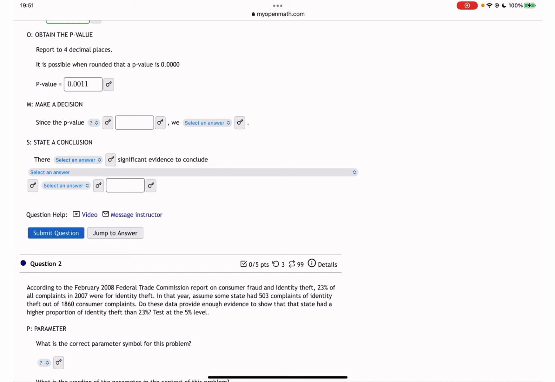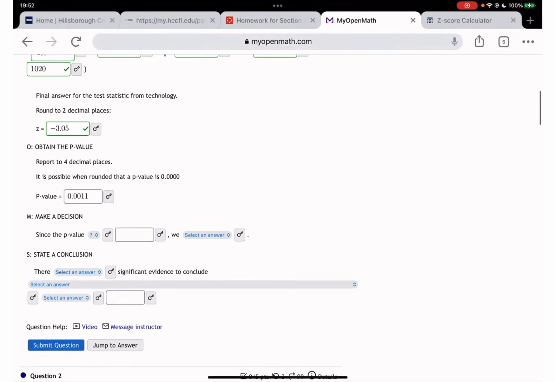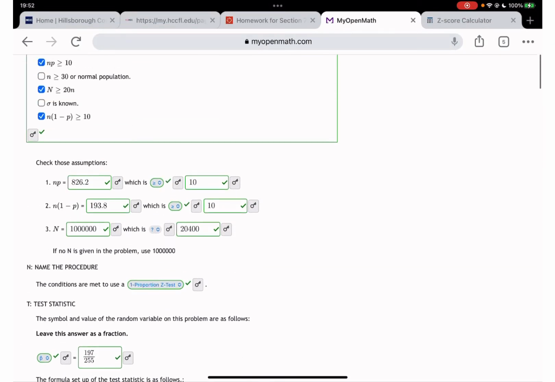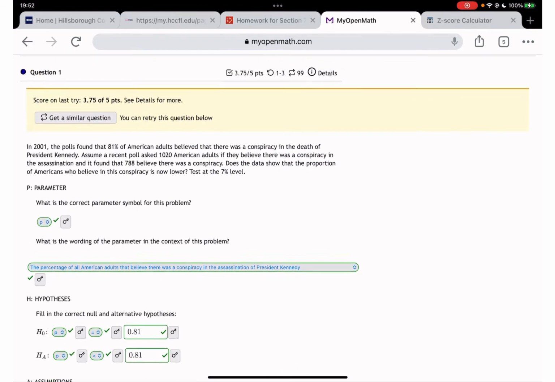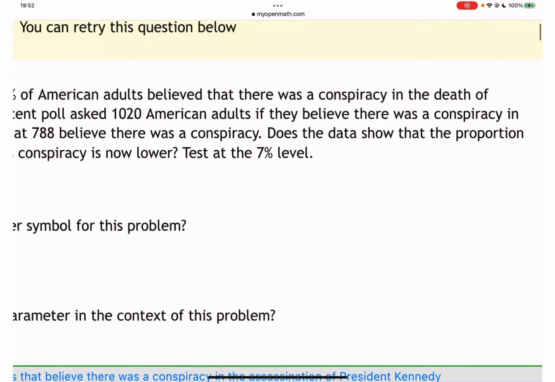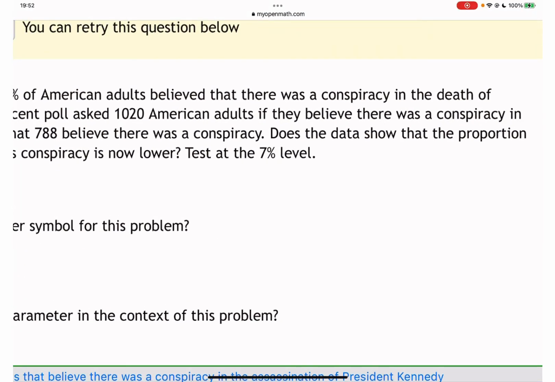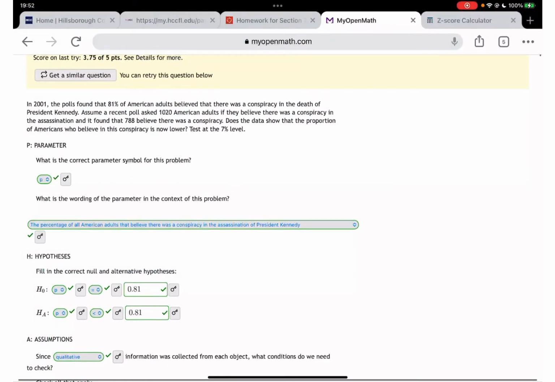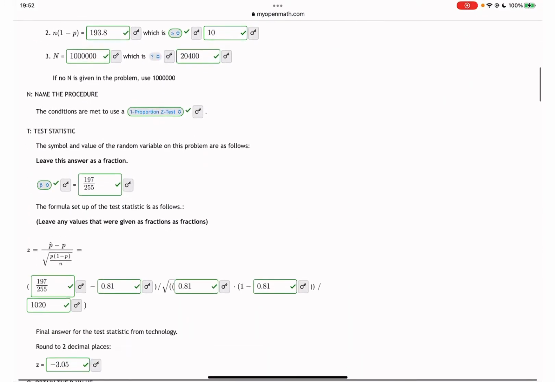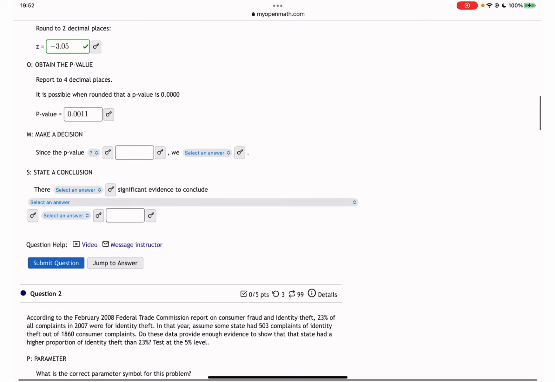So since the p-value is less than... we have 0.0011, we are going to compare it to our given 7% level, tested at the 7% level. And our 0.0011 is less than 0.07, right?